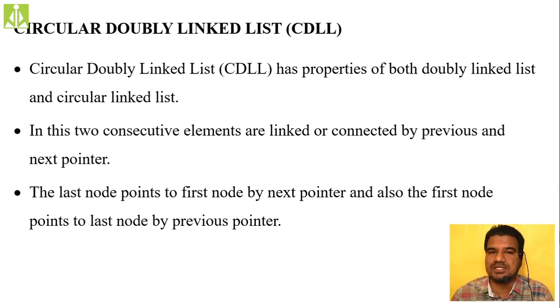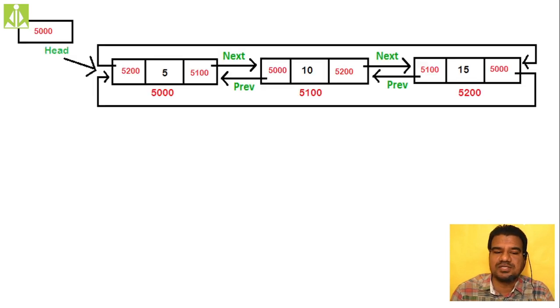Yes, the two consecutive nodes in your doubly linked list must be connected in both directions, in the forward way as well as in the reverse way. The forward direction will be connected by the next pointer, and the reverse direction will be connected by the previous pointer. The last node's next pointer will point to the first node, and the first node's previous pointer will point to the last node. All three points we have discussed over here.